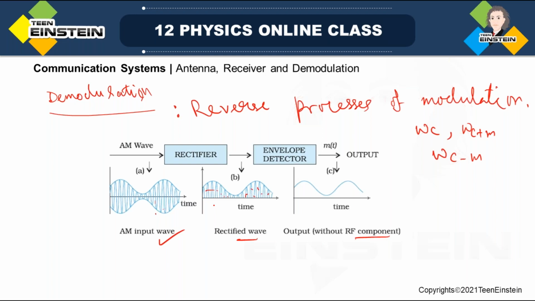In order to detect the message signal, the signal is passed through an envelope detector, which may consist of a parallel combination of a low valued capacitor and resistor. Generally, a filter circuit is a combination of capacitor and inductor, or capacitor and resistor, or inductor and resistor, those kinds of things.